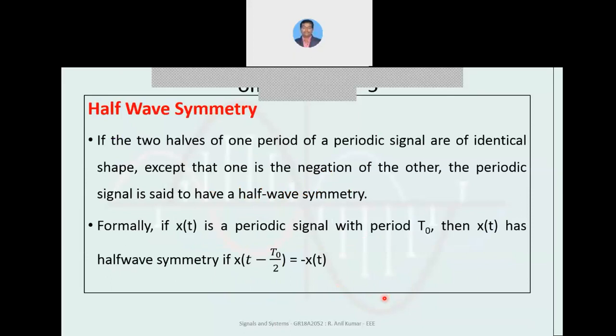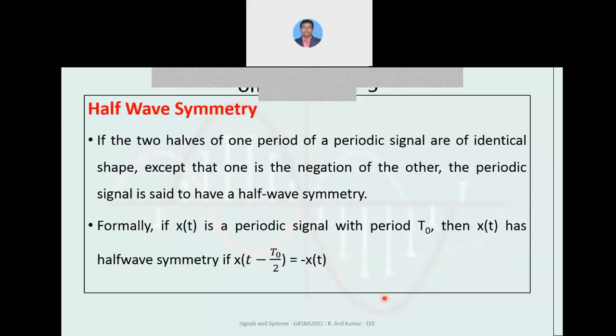Next, what do you mean by half-wave symmetry? According to the symmetry condition, the waveform defined on the positive side must be defined in the same way on the negative side. Similarly, if the two halves of one period of a periodic signal are of identical shape, except that one is the negation of the other, the periodic signal is said to have half-wave symmetry.